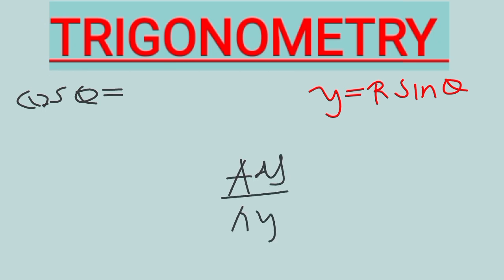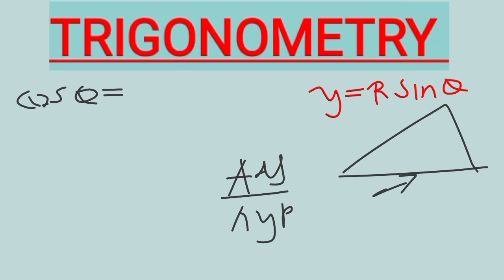Now let us find for cos. Cos theta will be equal to, we know that cos is adjacent over hypotenuse. The adjacent is the side which was here, represented by x, and the hypotenuse by r.